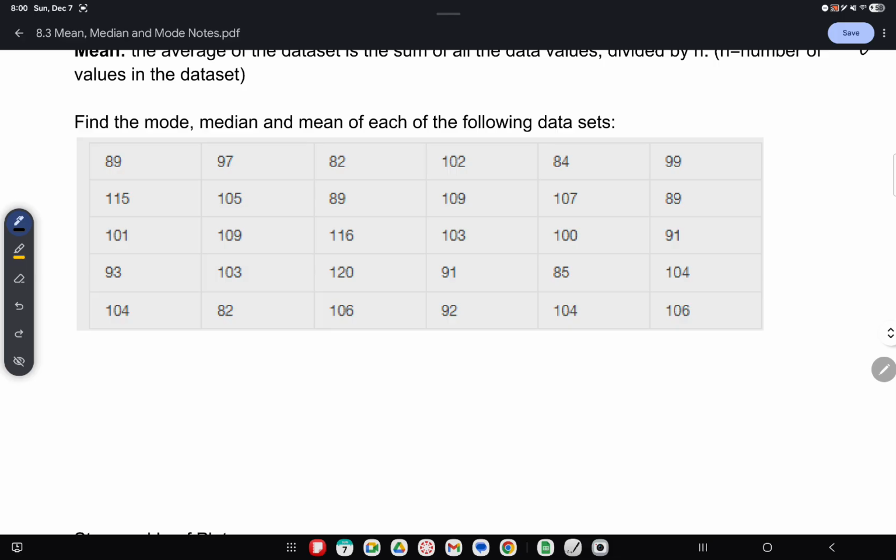So what I'm going to do first is order them from least to greatest. So let's see, what's the smallest one? So I think 82 is the smallest. It's the second one.